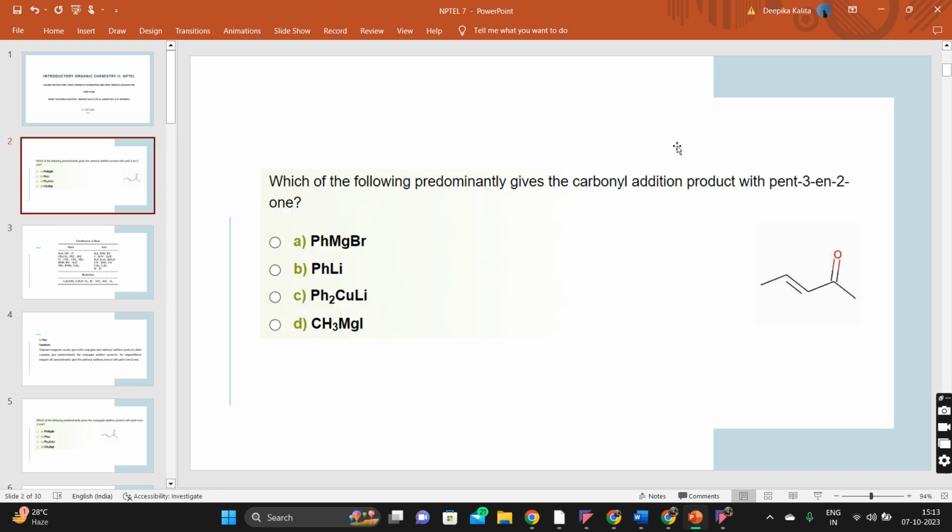Following this concept, out of these four reagents, you will know that A, B, and D, all three are going to be added in the 1,2 addition fashion. Except C, all three reagents are going to add in 1,2 addition fashion. But you have to choose the most reactive one out of these three.